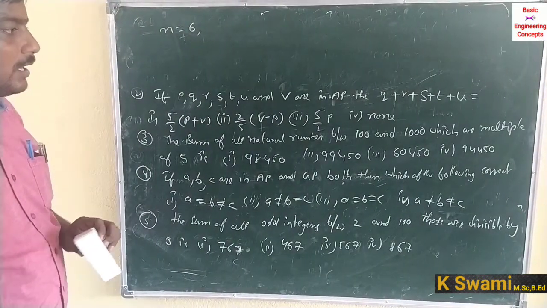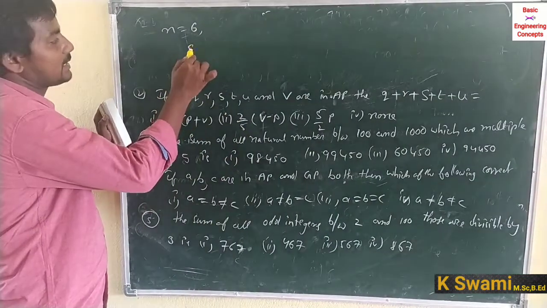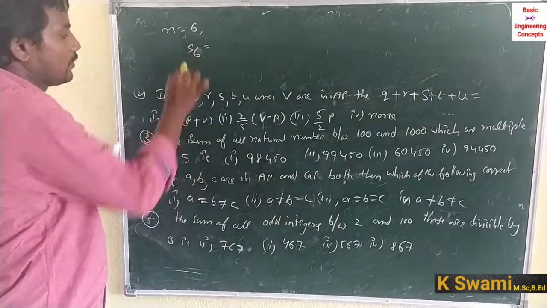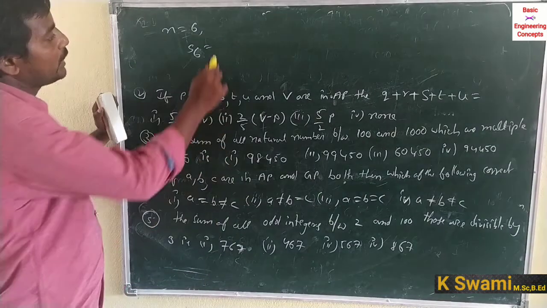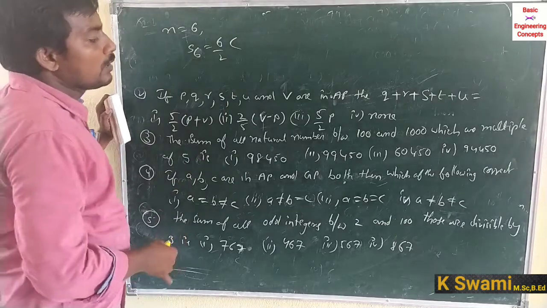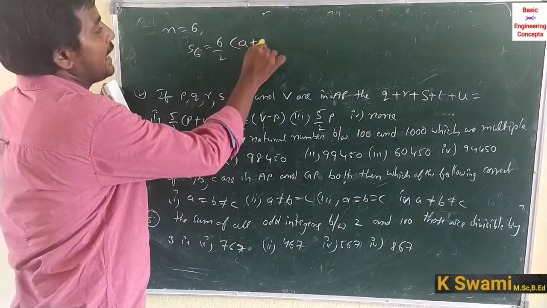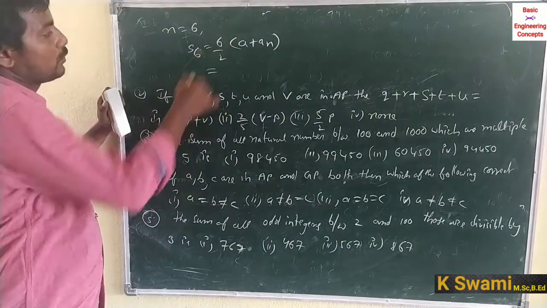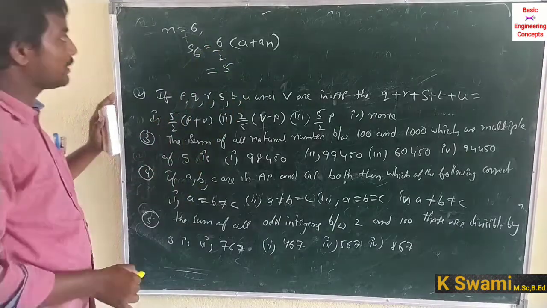The sum of the terms Sn is equal to, and S6 is equal to n by 2 into, అంటే 6 by 2 into a plus an. The first term is, so 6 by 2 it means 3.